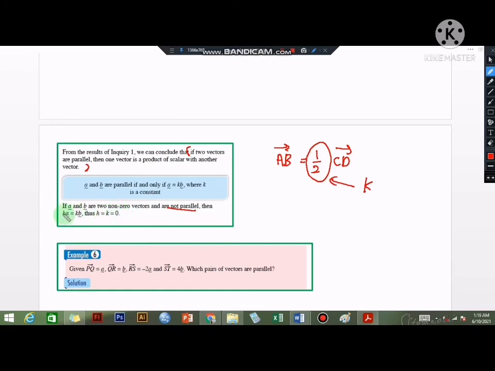So h is equal to 0 and k is equal to 0 for the non-parallel case. If the two vectors are parallel, then k has a constant value. Remember that one.